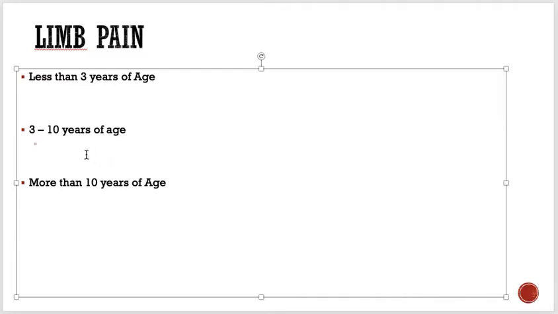So what I will be doing, by the way, I'm going to write first of all the problems which can occur in this age group, and then I'm going to make one more group over here, causes of limb pain which can present in any age group.